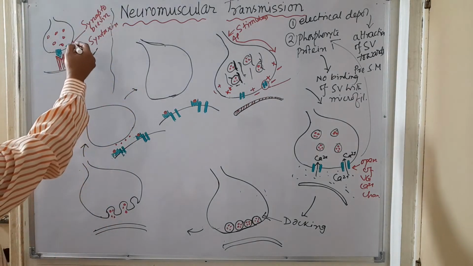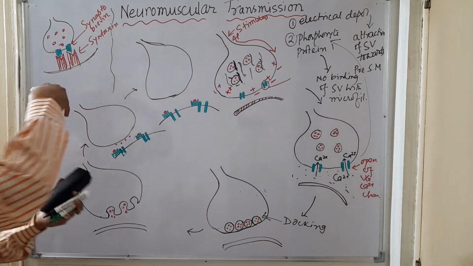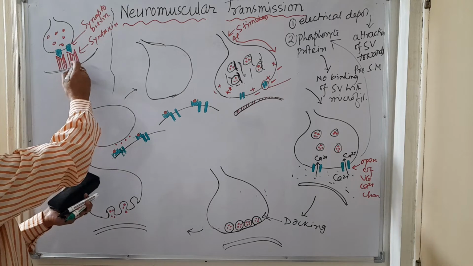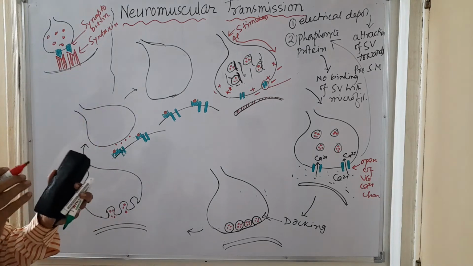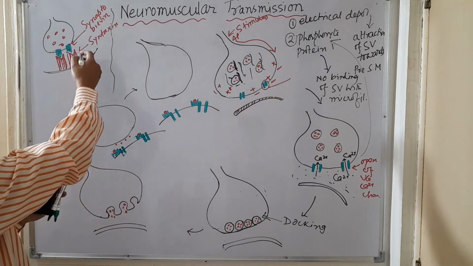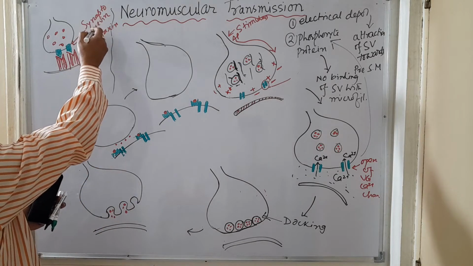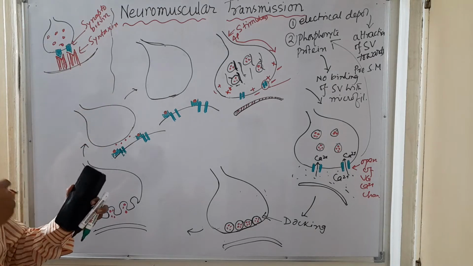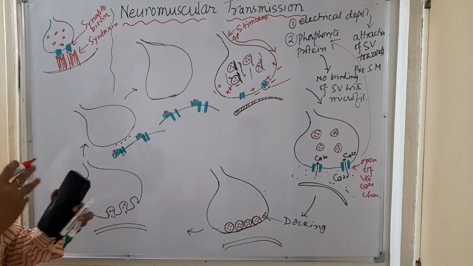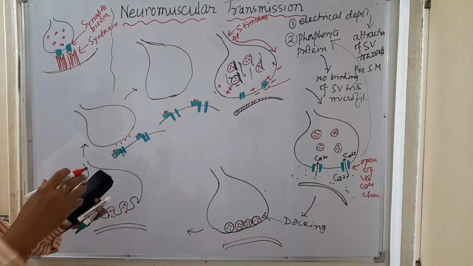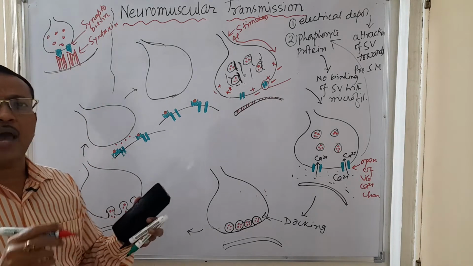So this synaptobrevin protein gets locked with the syntaxin, and this interaction between the synaptobrevin and the syntaxin is also helped by a lot of proteins present at this part, and those proteins are collectively known as the SNAP proteins.